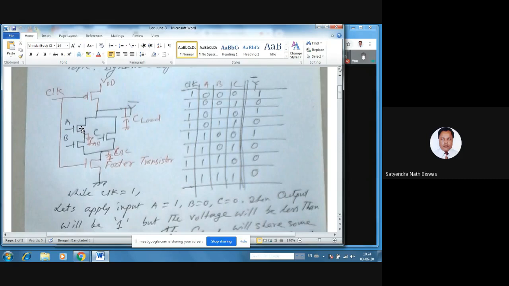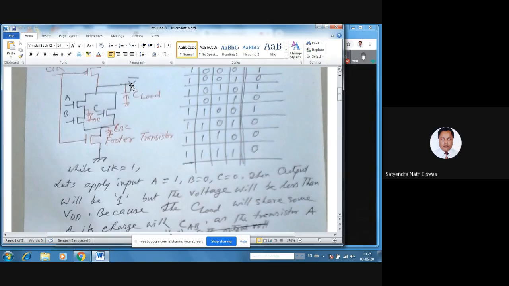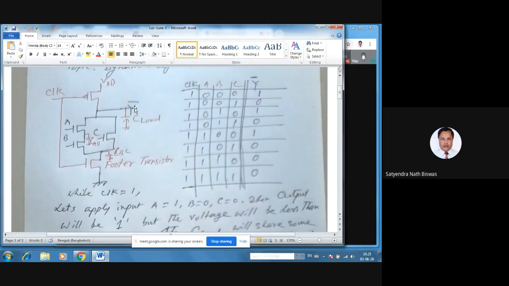I also mentioned yesterday that the charge from this load capacitor will be discharged through this A transistor, and this capacitor CA will be charged. So then the load capacitance charge will decrease, and the output voltage will not be the same as VDD. It will be degraded.